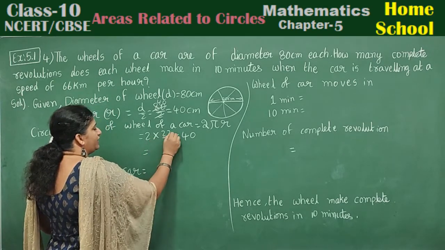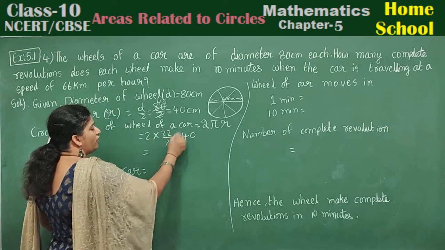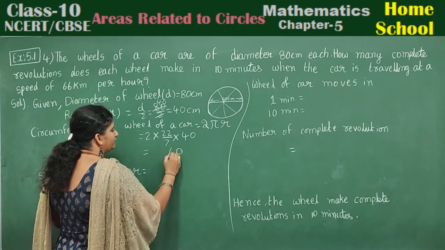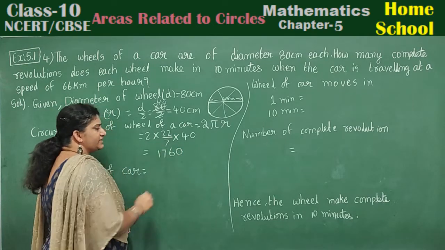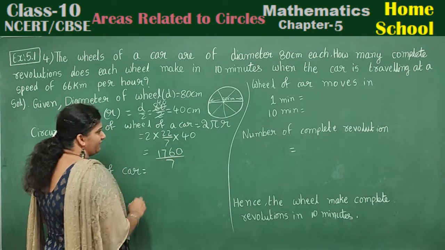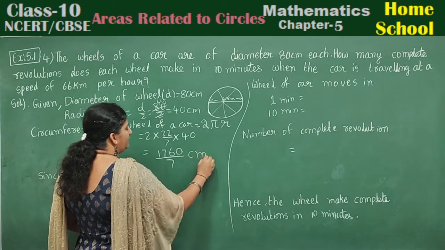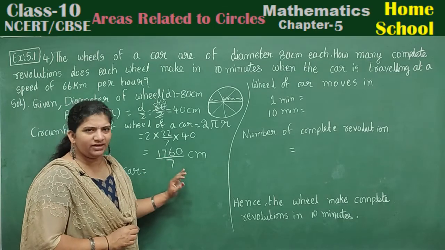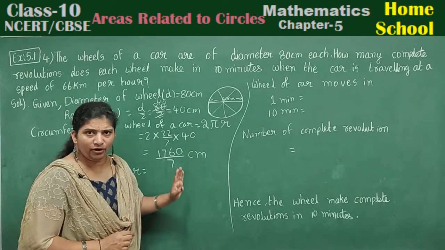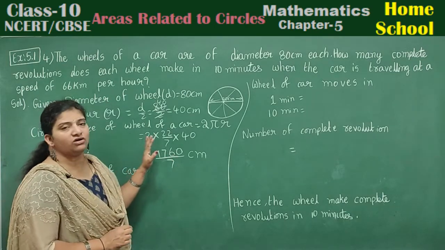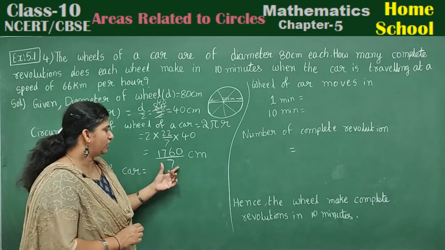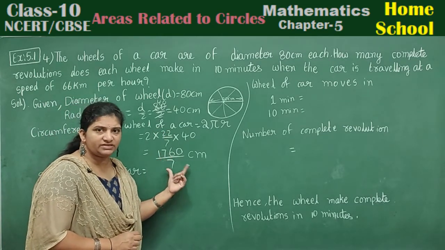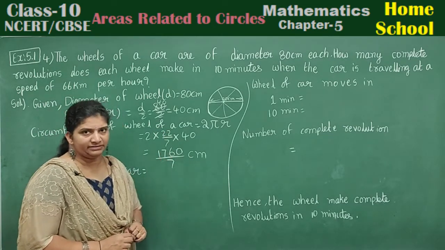Multiply this. 22 twos are 44, 44 forties are 1760 by 7 centimeters. Instead of converting into decimal, you can keep it as it is, no problem. Circumference of wheel of a car is equal to 1760 by 7 centimeters.